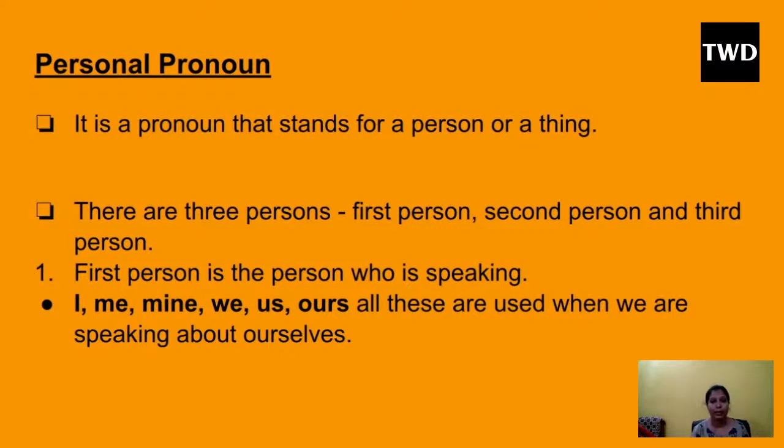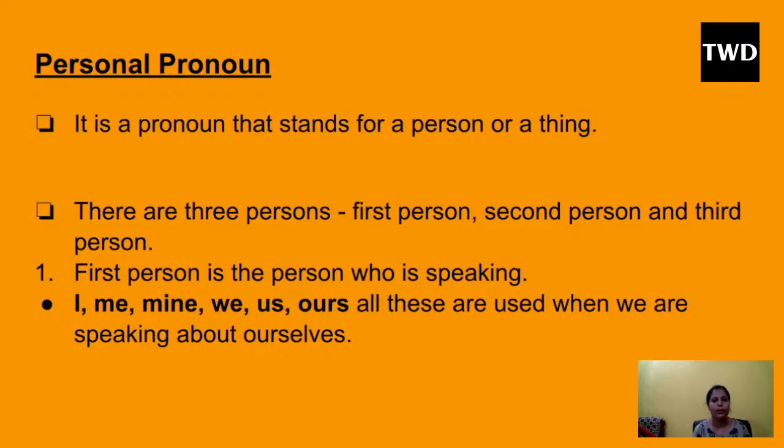And this session is mine. This session belongs to me. Then we all are learning English today. We all are learning pronouns. So in this way, whenever we are talking about ourselves, we will be using first person pronouns.